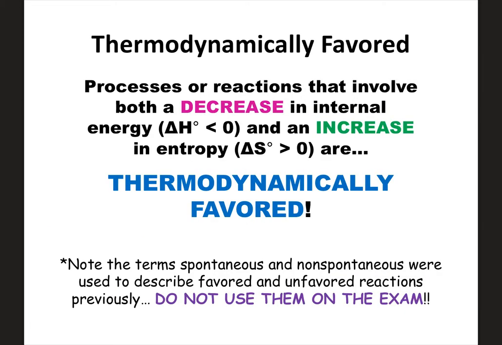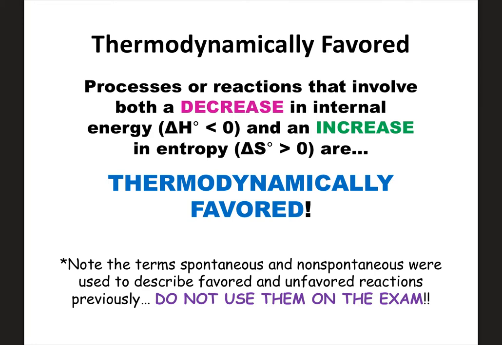We need to talk about reactions that are thermodynamically favored here. All right, so any process or reaction that has both, so you need both of these, a decrease in internal energy. So what that means is if you have a negative delta H and an increase in entropy, essentially a positive delta S, those reactions or processes are what we call thermodynamically favored.